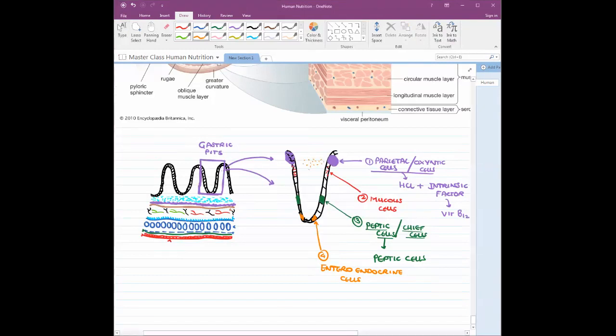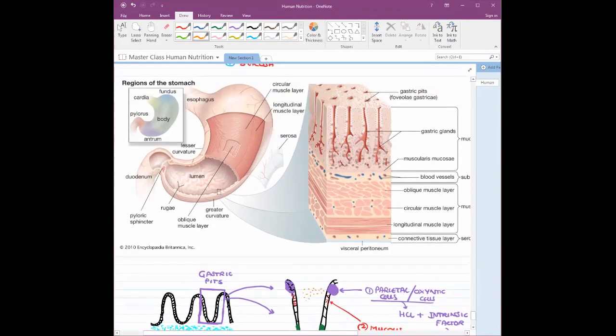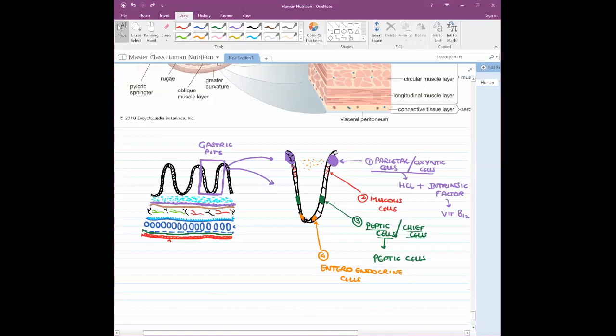Through these pores of the stomach, they are going to release it into the stomach like this. Everybody getting the hang of this, guys? So this is nothing but your gastric juice. Whatever these are producing is our gastric juice.